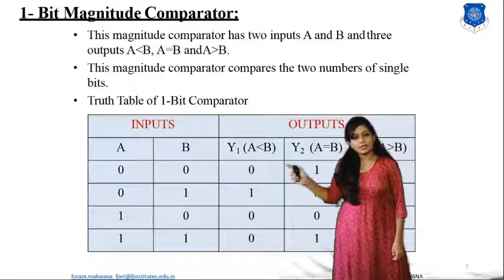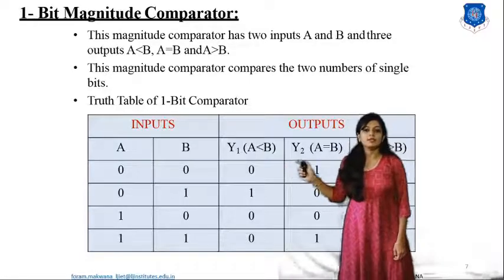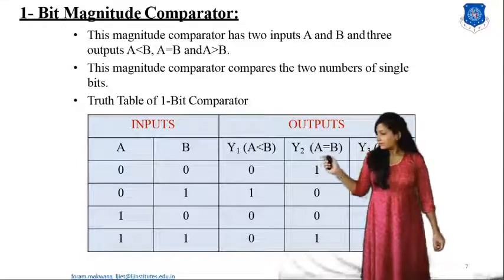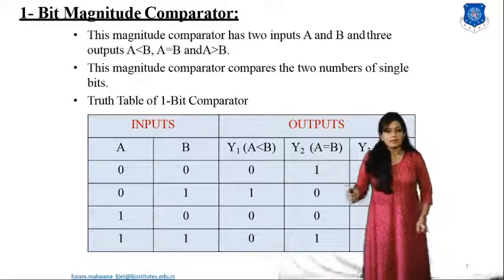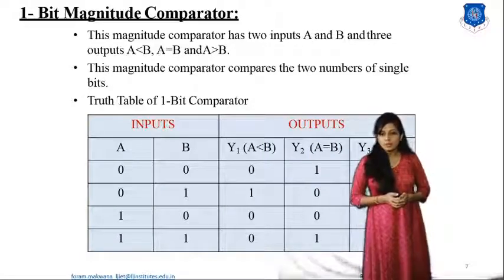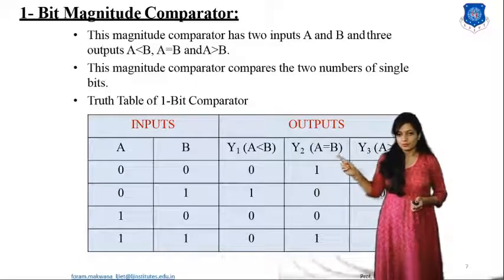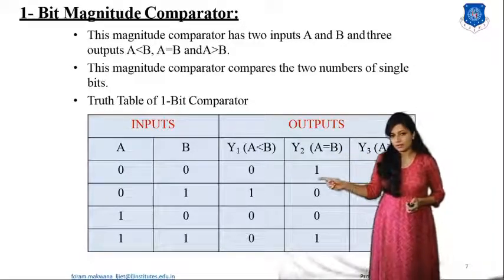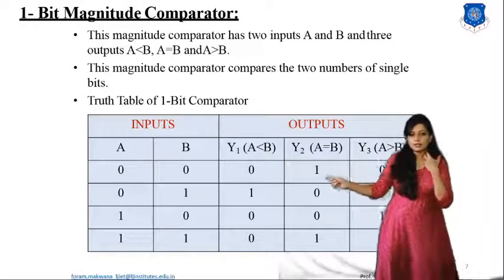Over here, A is equal to 0 and B is equal to 0. What will happen? Both are equal. So which output is going to be 1? This output, A equals to B. That's right, it is 1. Remaining are 0, 0.